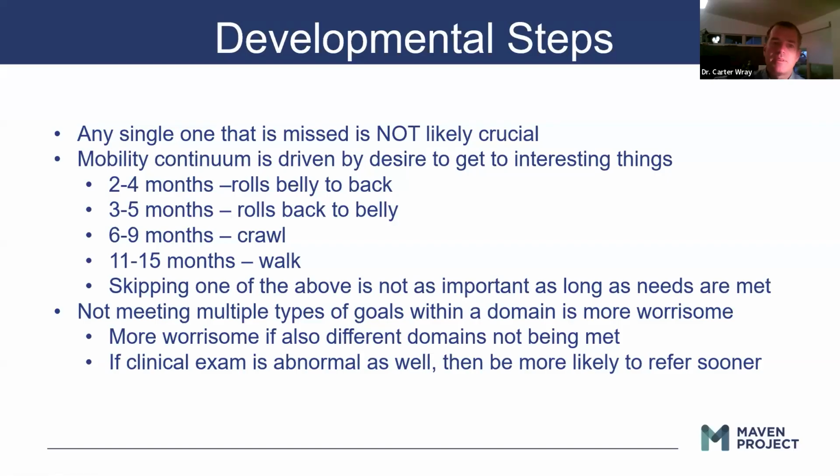As I think about these steps, any one step that a child misses is not particularly crucial. If we think about mobility as a set of skills that a child should be gaining, yes, between 2 and 4 months, they should do their first rolling from front to back. Then some kids immediately thereafter, and some kids after a bit of a gap, will start rolling from their back over onto their front.